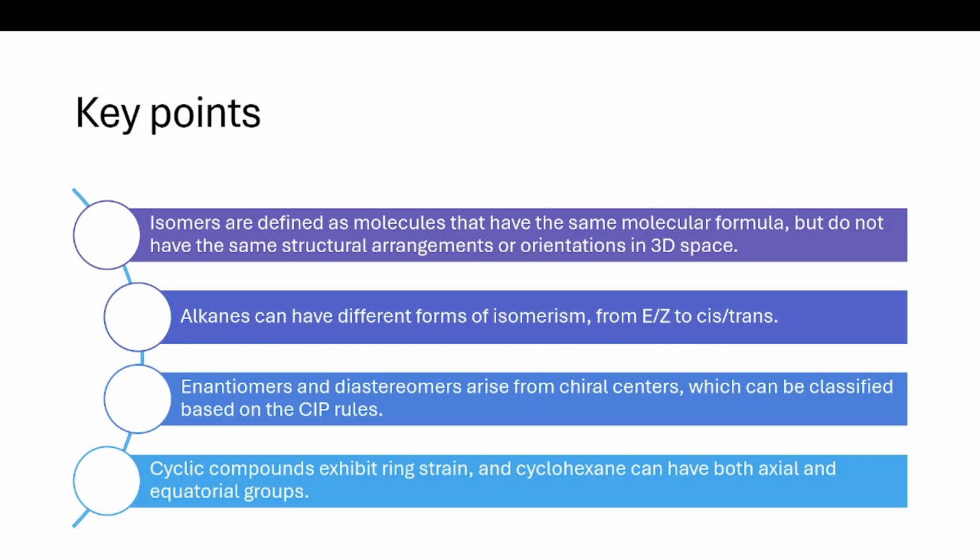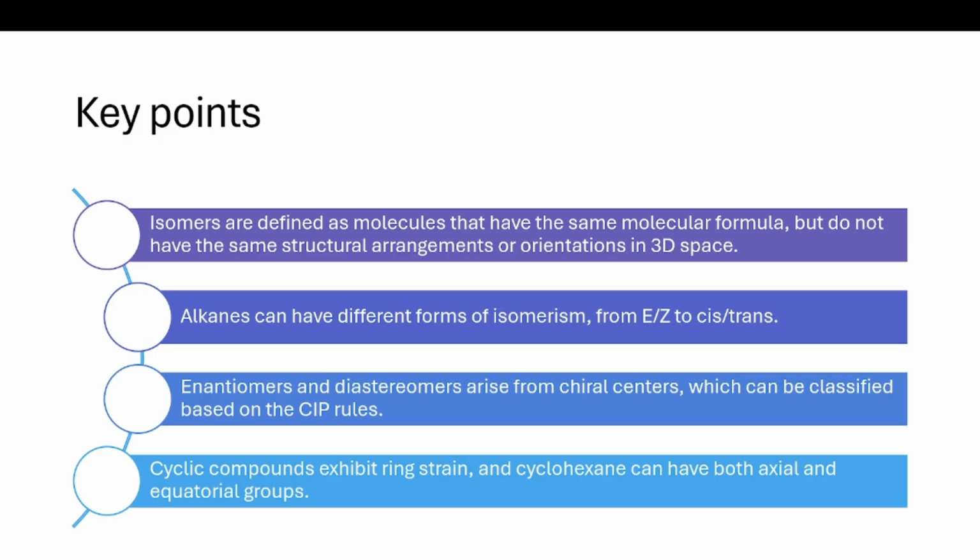All right. And so we're pretty much just going to end off the lecture there. So we have our key points. Let me just go over this. So to start off, isomers are defined as molecules that have the same molecular formula, but don't have the same structural arrangements or orientations in 3D space.